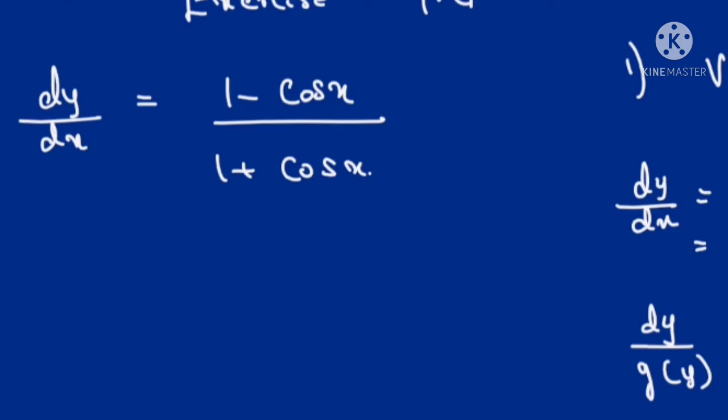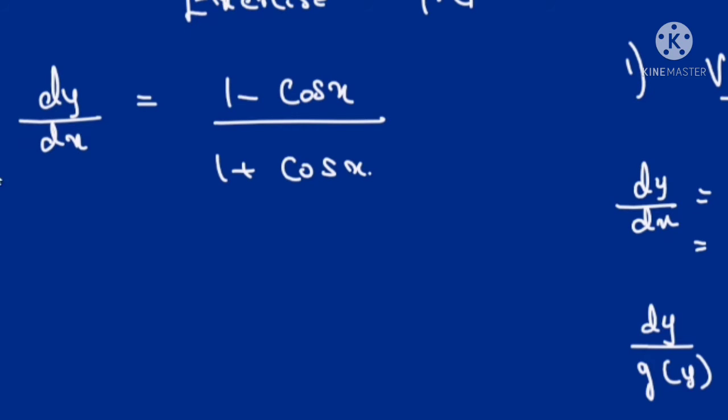This is the first method we are going to learn, and we are going to find the solution of first order, first degree. You can see this is a differential equation. What is the order of this differential equation? 1. Degree? 1.